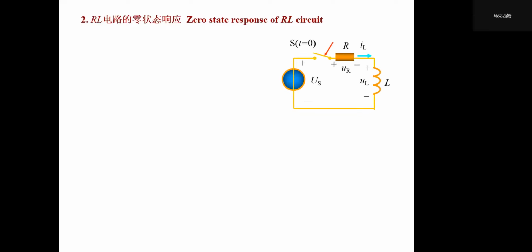And let's see, the zero state response of the RL circuit is very similar to the RC circuit, right? Still we have a series connected resistor, inductor, and voltage source. We know that at the very first moment there's no current in the inductor, so it does not contain any energy in the first place. We use KVL and VCR to derive this first order equation, and we can calculate it like this.